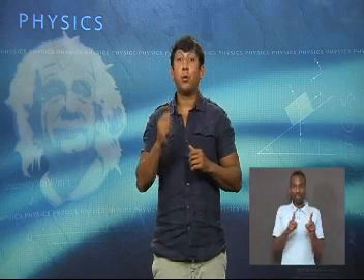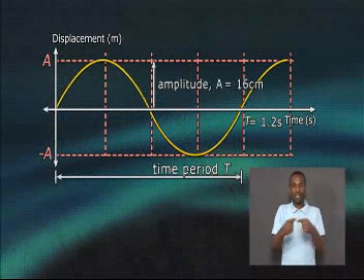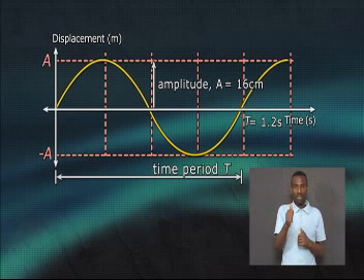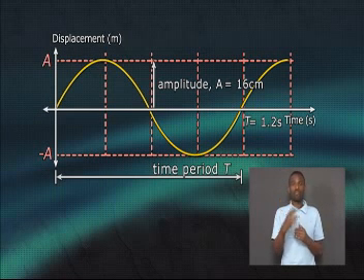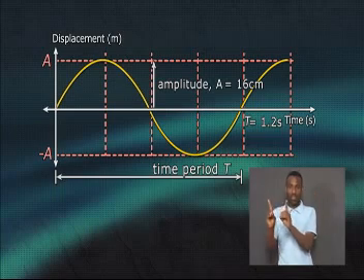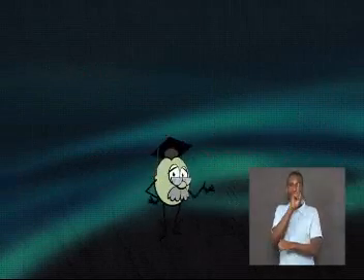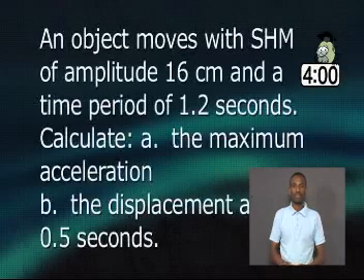Let us go back to the object from the previous activity. Students, please find the maximum acceleration of the object. Then, using the cosine equation, find the object's displacement after 0.5 seconds. Students, let's get ready. Begin.